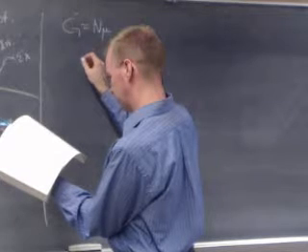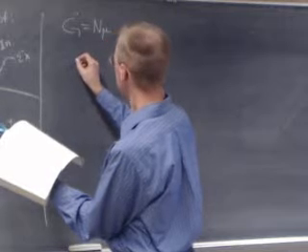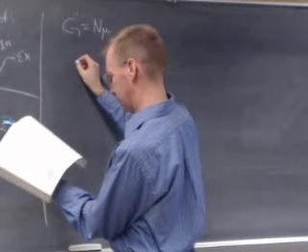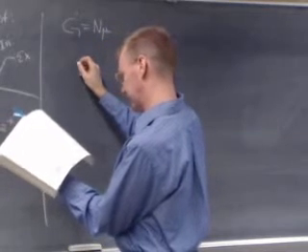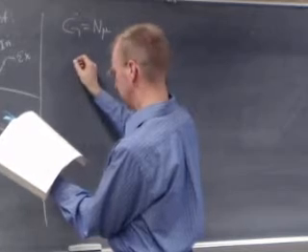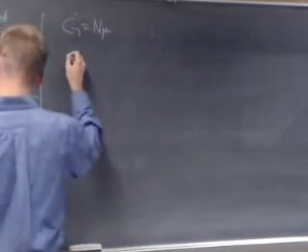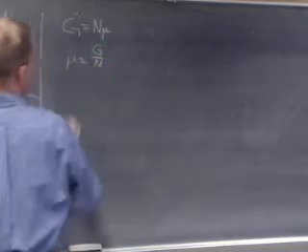So, let's see here. Let me divide. Mu, therefore, is equal to G over N.